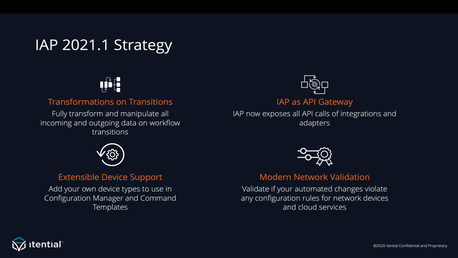With this modern network validation approach that we have in 21.1, and it's a task called Run Config Compliance that we expose now in Config Manager as well as in Workflow Builder, you can just give us some config that you plan to push on a device, you can give us the device name, and we'll let you know before you even make the change, will that break any compliance rules, will that be against anything that you've set as a standard for your devices, and we'll even allow you yourself to manage how those cases should be handled.